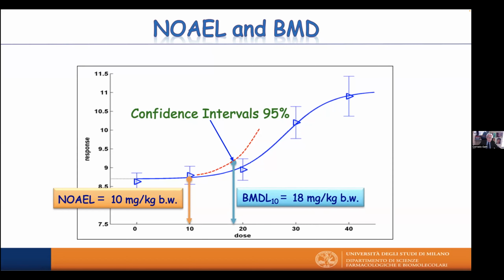In this case it is the lowest benchmark dose, because you use the lower confidence interval. And you see that the difference is not so big, but sometimes the derivation of your dose is more precise, because sometimes it's between two of the experimental points, the doses that you have decided.